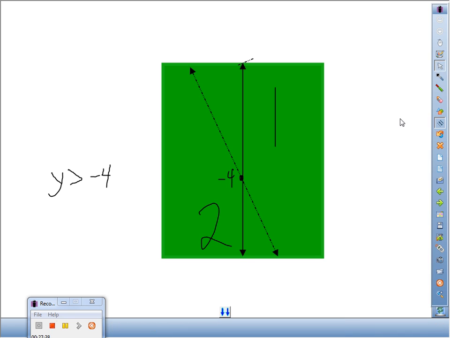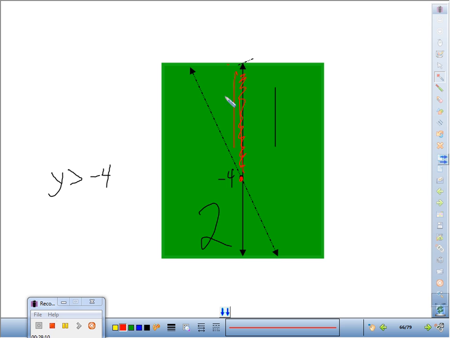Bree, here's negative 4. This says y is greater than negative 4. What numbers are greater than negative 4? Negative 3, negative 2, what? Everything this way, right? Here it goes. All these. In what section is that found? On this section or this section? Over here, that's why we shade all of these.